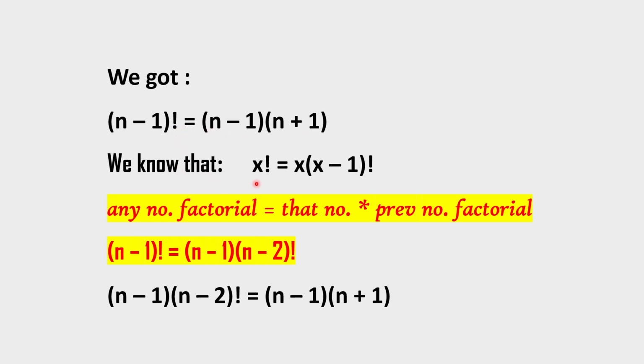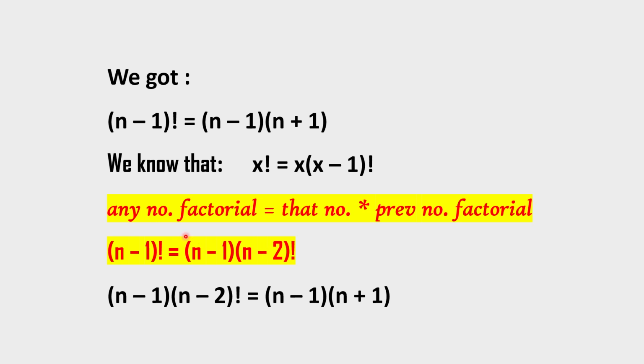Now we know that x factorial is x into (x minus 1) factorial. That means any number's factorial will be that number into the previous number's factorial. 5 factorial will be 5 into 4 factorial. 10 factorial will be 10 into 9 factorial. So (n minus 1) factorial is n minus 1, that number, into the previous number's factorial, (n minus 2) factorial.